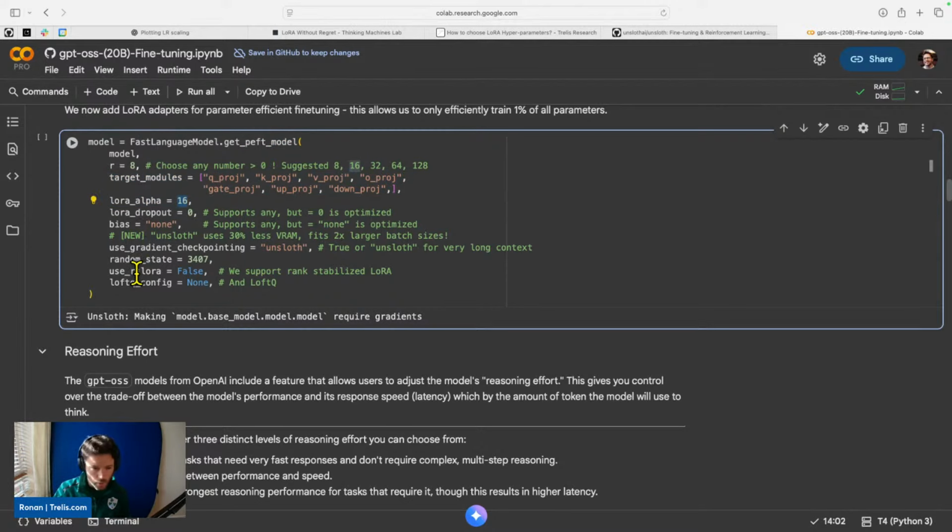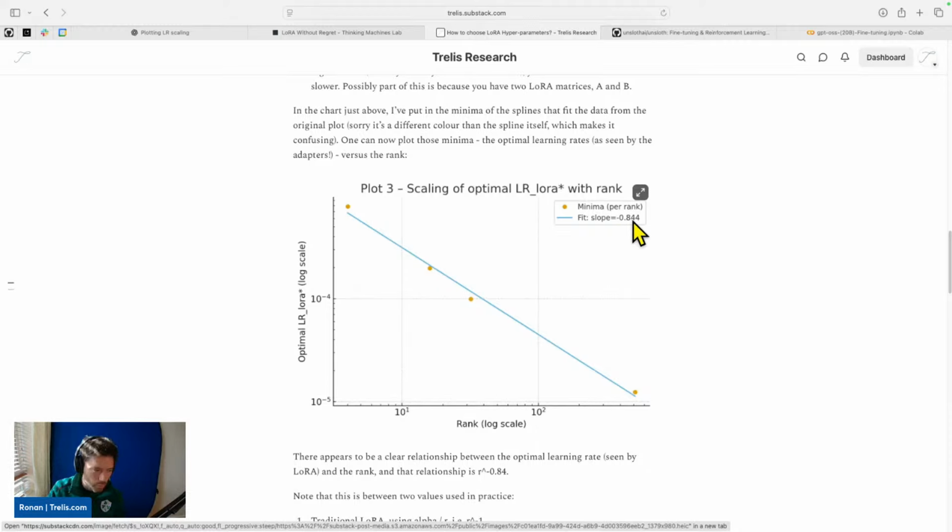And by using minus 0.5, it's being more aggressive. It means that even when your r is larger, we're only going to slow down the learning rate by 1 over square root of r instead of 1 over r. So the standard LoRA is somewhat conservative. It's too conservative actually, because it should be 0.844. The rescaled LoRA is too aggressive because it's minus 0.5. So my recommendation was rescaled LoRA.